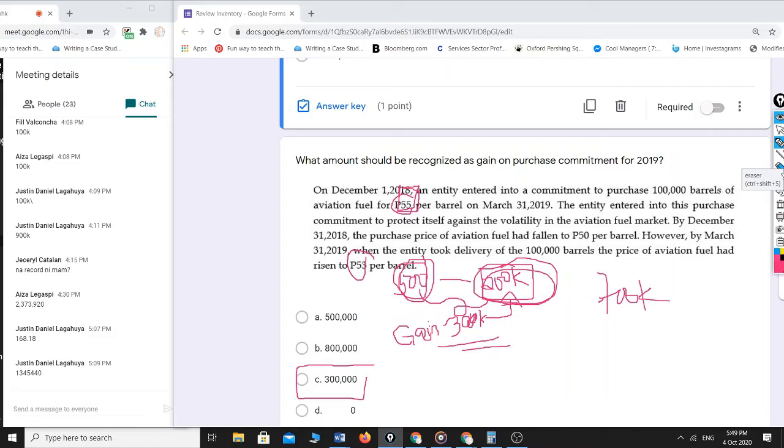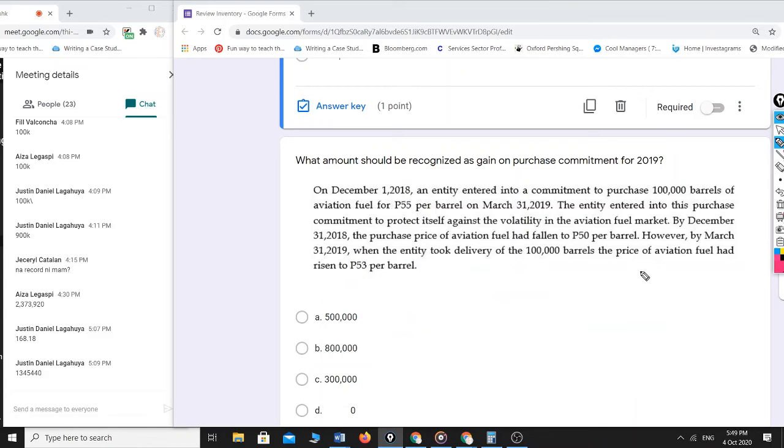Okay? So take note, guys: if the question is how much cash was paid, that is based on the agreed price. But if the question is how much is the purchase amount, the amount recorded as purchase, you choose the lower between the two prices, agreed price or current market price. Okay? And that is the purchase amount.